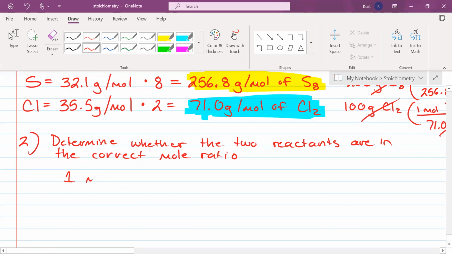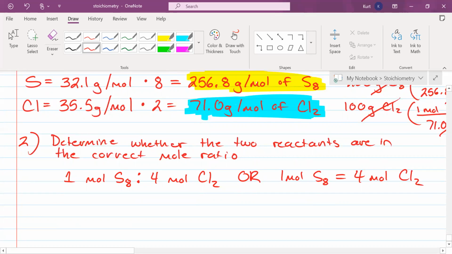Okay. How many moles of chlorine were there? 4. So you can say 1 mole of sulfur to 4 moles of chlorine. Another way to say that would be 1 mole of sulfur is equal to 4 moles of chlorine. That's your mole ratio. Now, is this the actual mole ratio? That's what we're going to get to next.